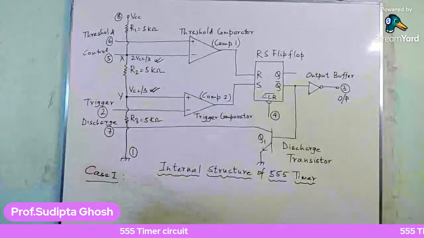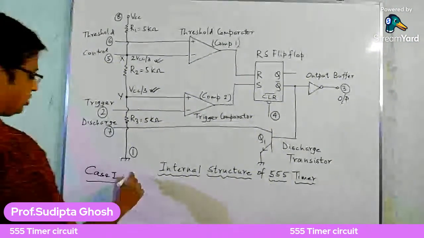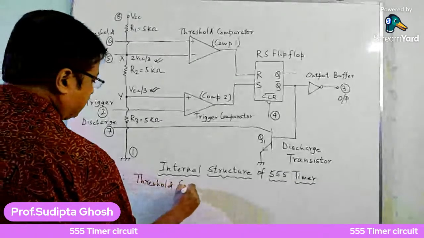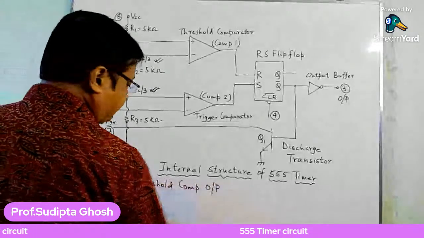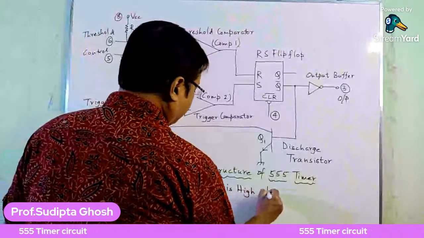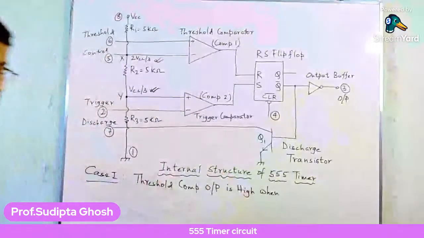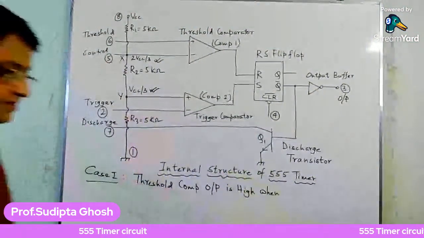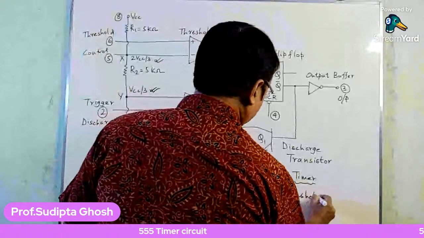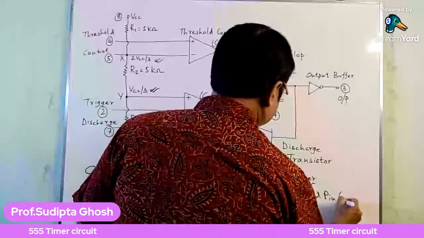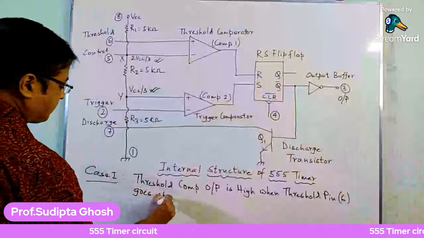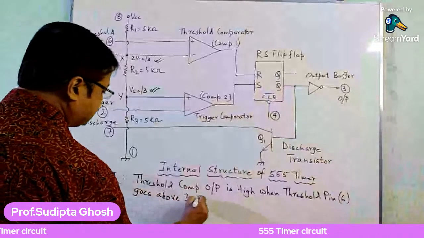First of all, we are going to consider that the threshold comparator output is high when the threshold pin, that is pin number 6, goes above 2/3 of VCC.